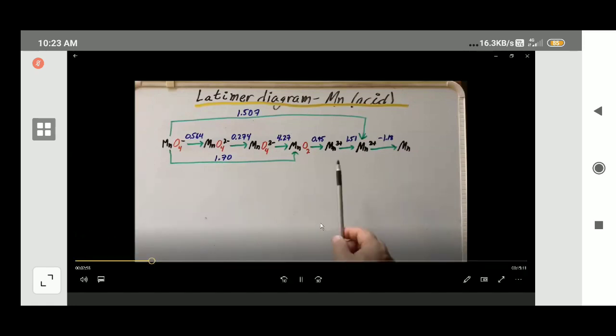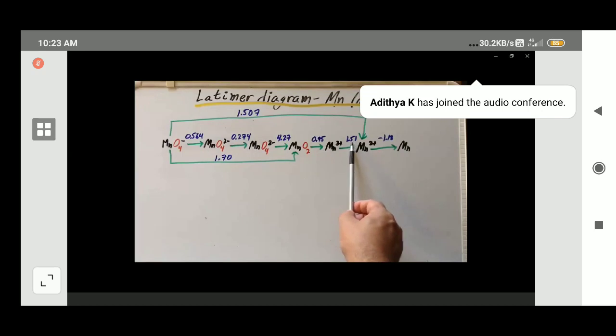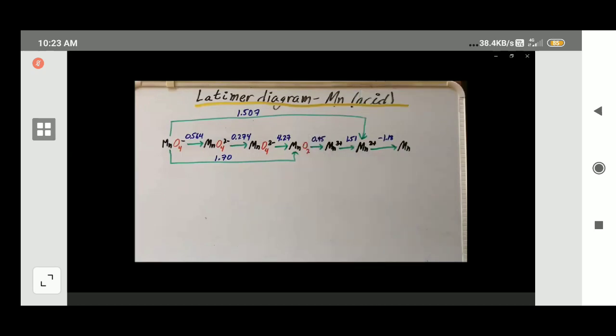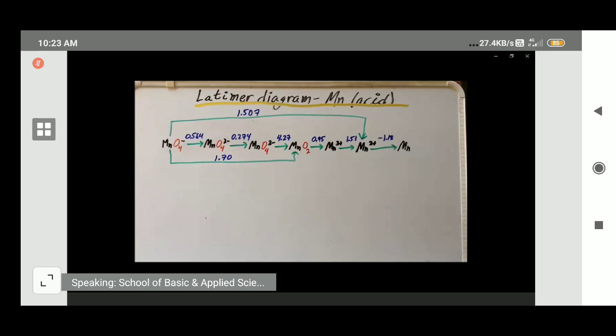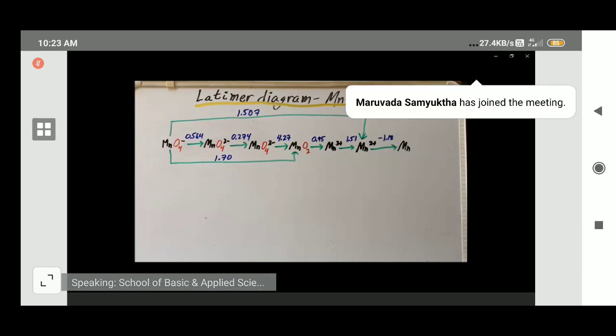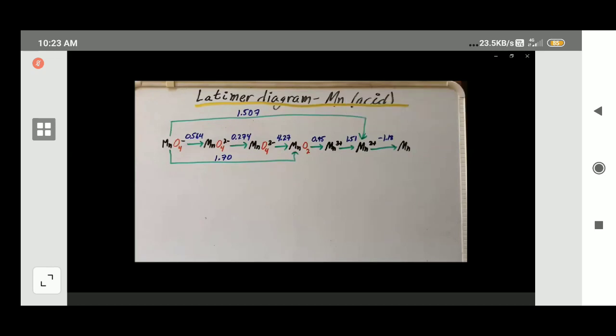The other example we have in our diagram is manganese 3 plus, since the right is 1.51 and the left is 0.5. We will write out the equilibrium for the disproportionation reactions for those two species in detail later in this video.